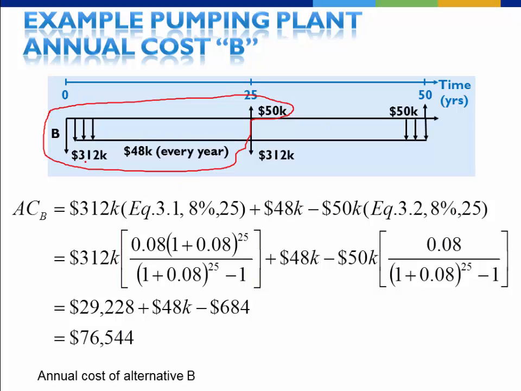Now again, for this capital cost, I'm using equation 3.1 with these values. The operation and maintenance is already annualized. And this 50,000 that you are saving at the end of these 25 years, when you are selling some of the equipment and trying to recover part of your investment, is a future amount of money that you're going to receive.